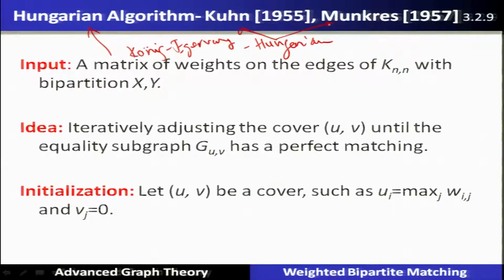Initialization: let (u, v) be the cover such that all the ui's are the maximum of a particular row in this matrix of weights wij, and the vj's, that is on the columns, are 0.